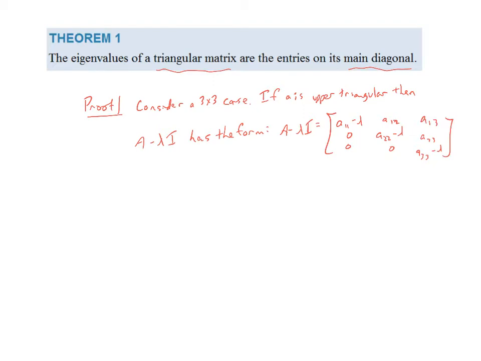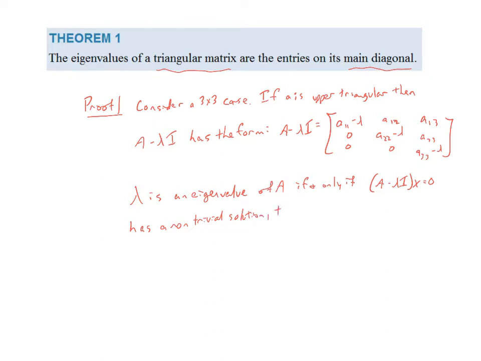Now, what do we know about eigenvalues? Lambda is an eigenvalue of A if and only if the equation A minus lambda I times x equals 0 has a non-trivial solution. That's how it was given in the definition.